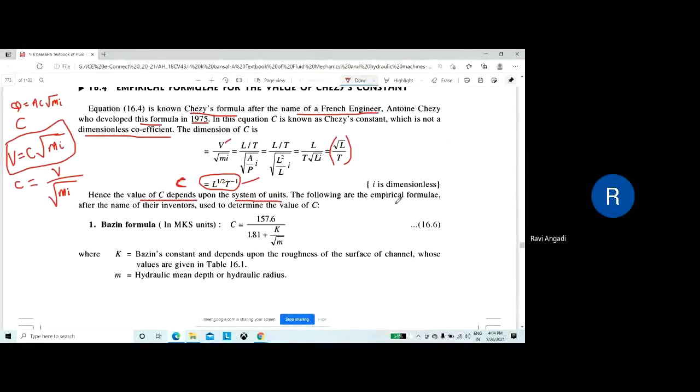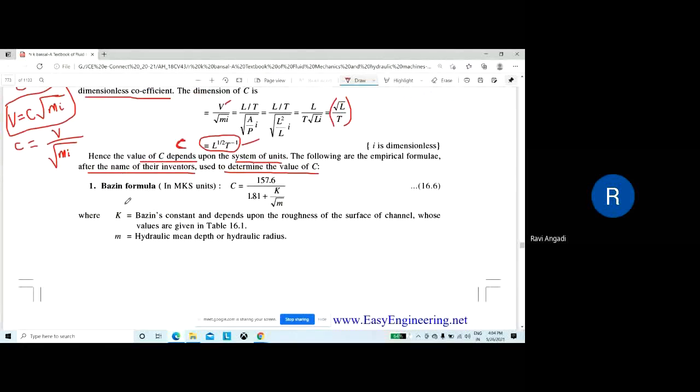The following are the empirical formulae, named after their inventors, used to determine the value of C. So this is how the value of C can be calculated, by using the different formulas invented by some inventors, and they are named after the inventors.